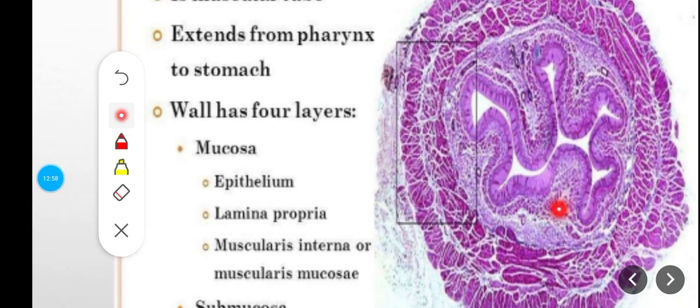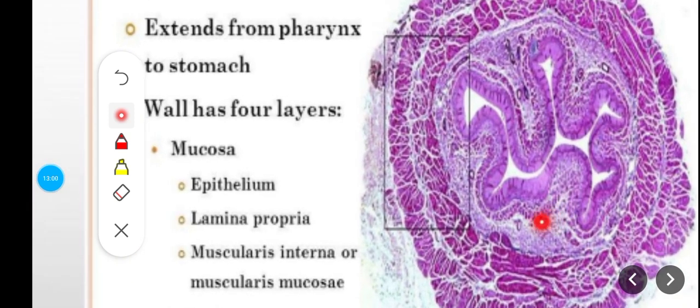So the submucosa here does not appear homogeneous. You can appreciate some deeply staining areas, which represent the esophageal glands in the submucosa. It doesn't appear scanty and homogeneous.